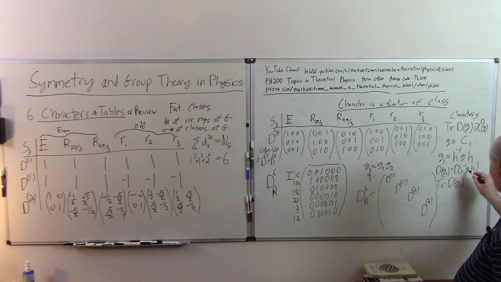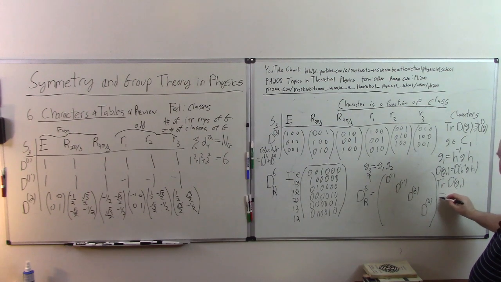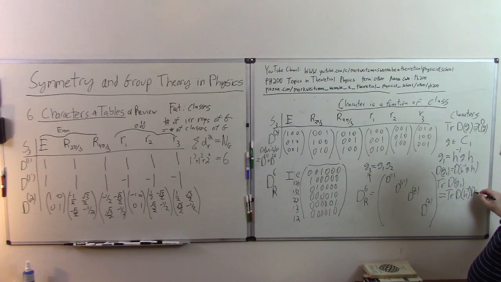I can break this down into D(H inverse) D(G) D(H), because by representations we have to have that. So the trace of a matrix, when we have a bunch of products of matrices, is cyclic.